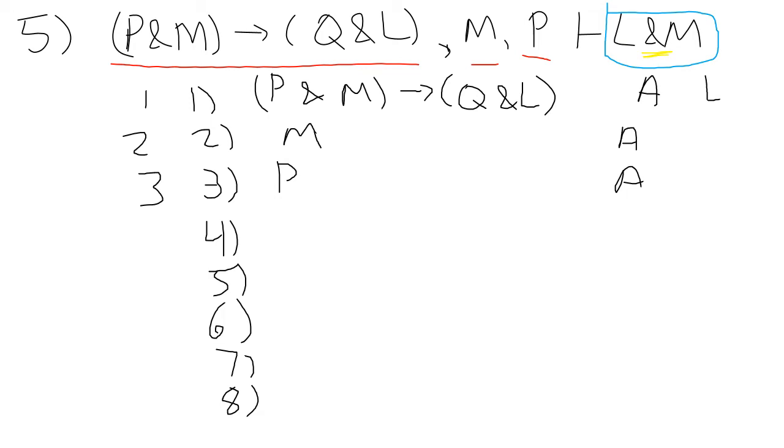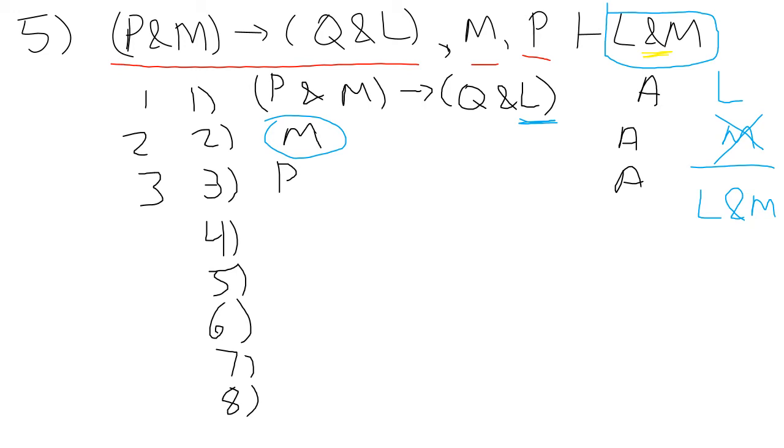So I actually erase this L, put it in blue. I need the L by itself, I need the M by itself, and then from there I can do L and M with the ampersand introduction. So I see that I already have M right here, so that's one of them. Now that just means I need to get L by itself.